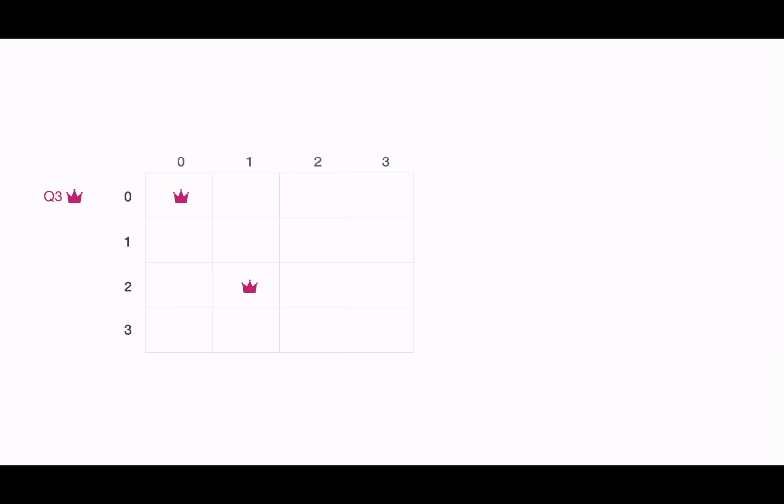And as we will be going column by column, we don't need to check vertically. So we will validate that the cell is not facing another queen horizontally or diagonally.